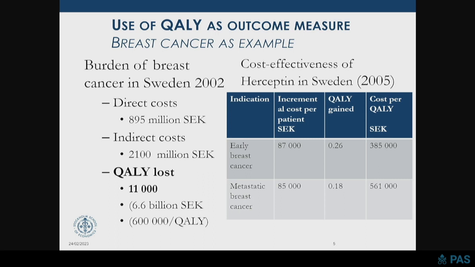It's a rather small gain, but it's an important gain for the patient. So the cost per QALY was about 385,000 Swedish kronor, 40,000 euro, or about 60,000 euro in metastatic breast cancer, and this was seen as acceptable at that time.